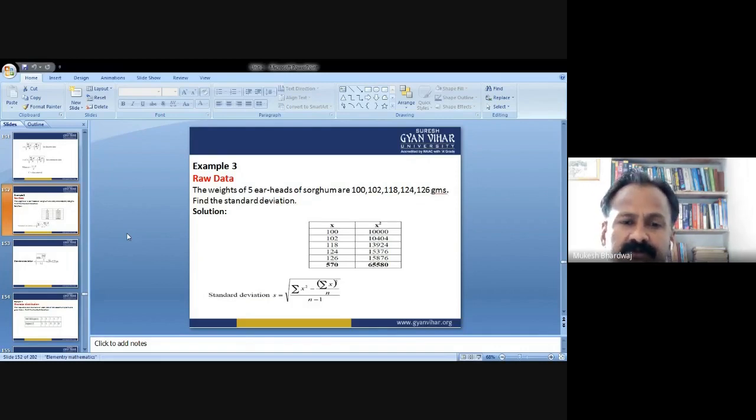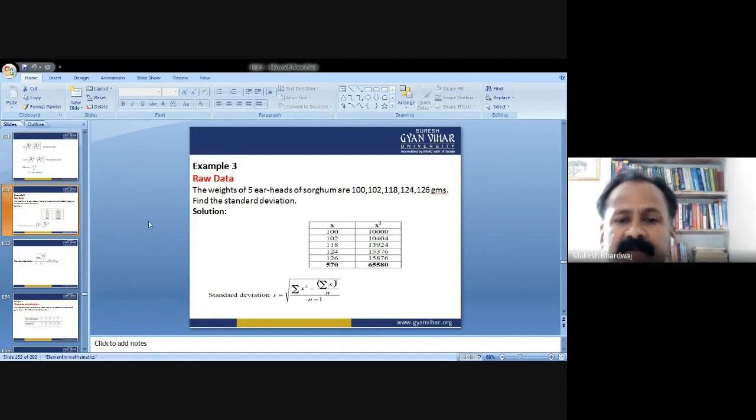Now observe the formula. According to the formula, you put all these values in the square root. First of all, in place of summation of x square, put 65,580, minus summation of x, which is 570, whole squared, divided by 5, where n is equal to 5.